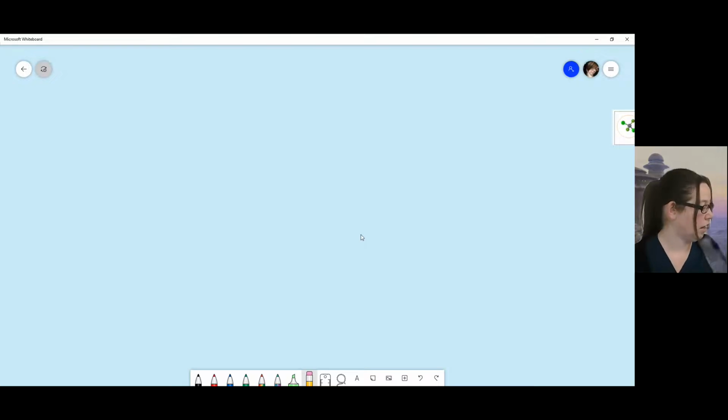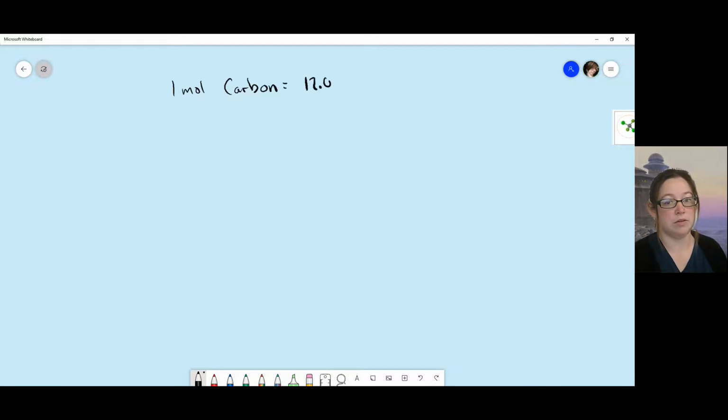So yeah. Okay. So if you look at your guided notes, the mass of 1 mole varies from substance to substance. So 1 mole of carbon is equal to 12.011 grams of carbon.